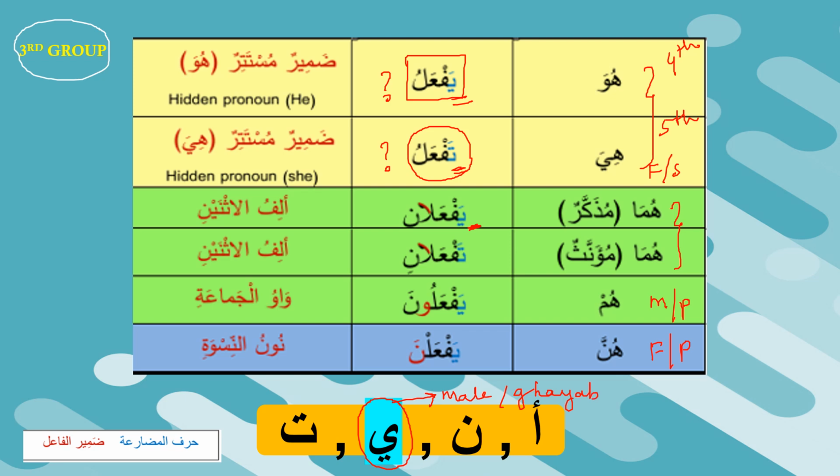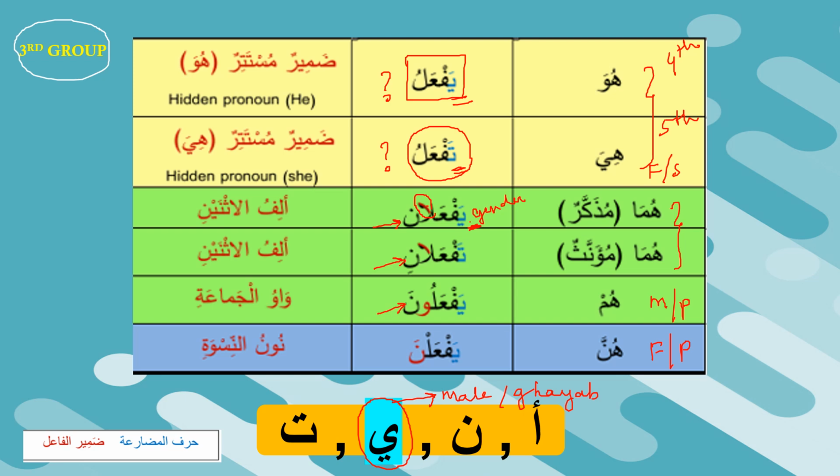What about the dual? Same as the mukhatib. The aliful isnain tells you the number of people that are doing the work or action, and the ya tells you the gender, male. So this is our main damir, and as I told you, the noon is extra and doesn't play any part in the i'rab. So just leave it there.